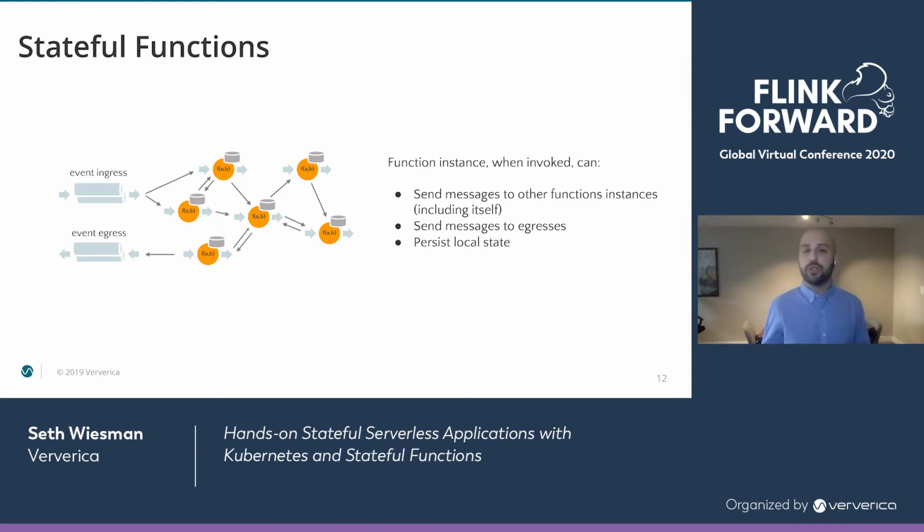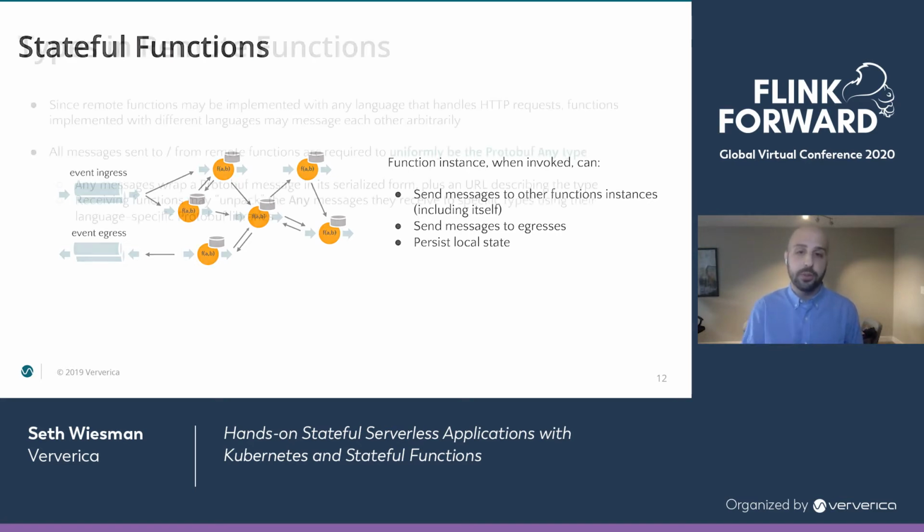So in your function, the place where you're writing your user code, we're able to send messages to other functions, send messages to an egress, that is, output from our application, and persist local state. They also have some other capabilities like sending asynchronous messages, sending messages with delays, and so forth. But these are the core primitives that the runtime is going to provide us.